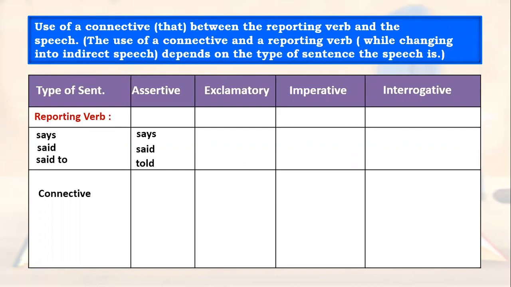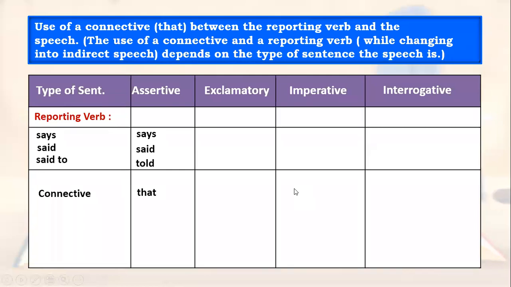For instance, Aditya told Ravi that, and the sentence. So, he said to her changes to he told her that. Okay, so in the assertive sentences, the connective, that is the comma, changes to that.